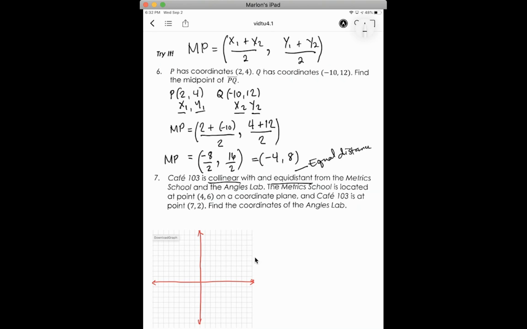So it's given that the metric school is located at (4, 6). So let's see. 1, 2, 3, 4. 1, 2, 3, 4, 5, 6. So (4, 6). This is the metric school. And Cafe 103 is at (7, 2). So that's 5, 6, 7, 1, 2.